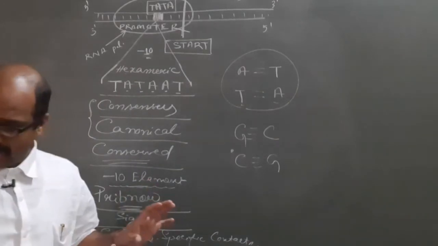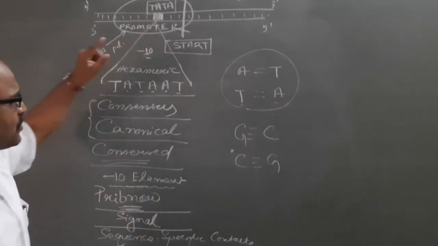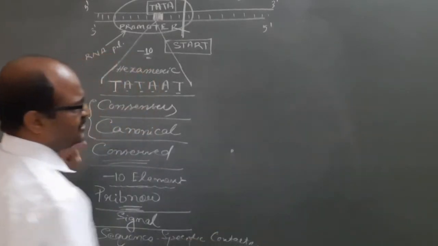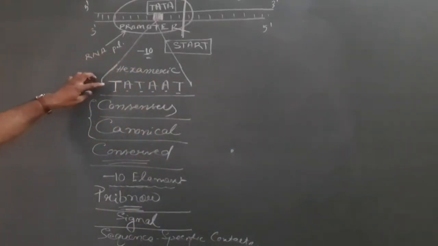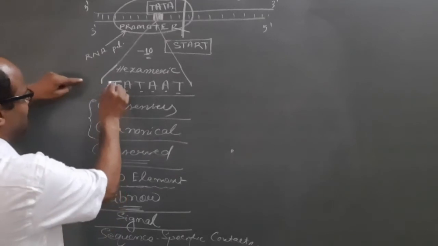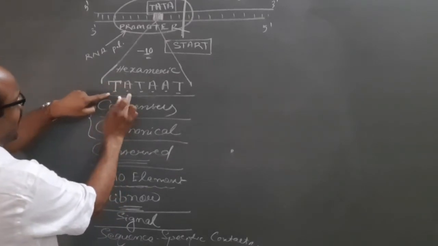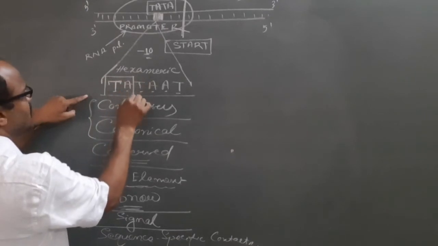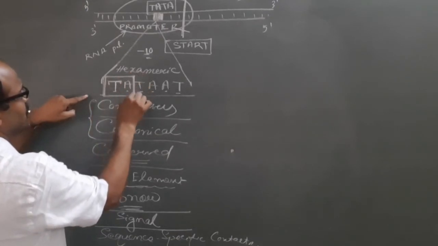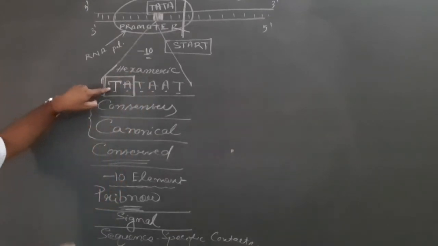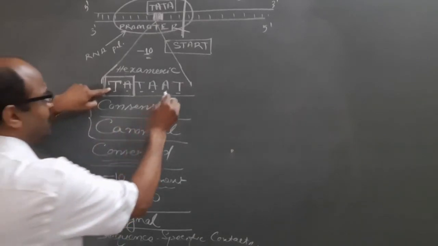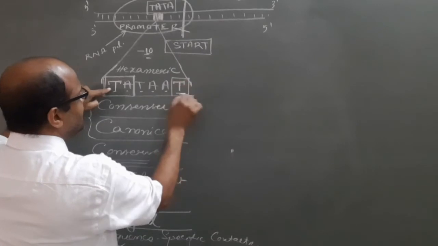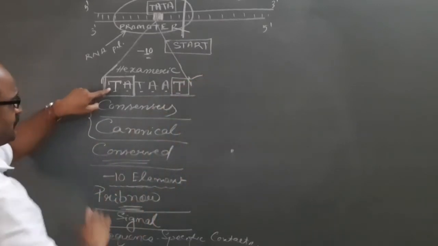Okay, that's why this region is recognized by the RNA polymerase enzyme. And here the first 2 nucleotides, thymine and adenine, are constant, preserved, or conserved. And the last nucleotide, thymine, is also conserved.